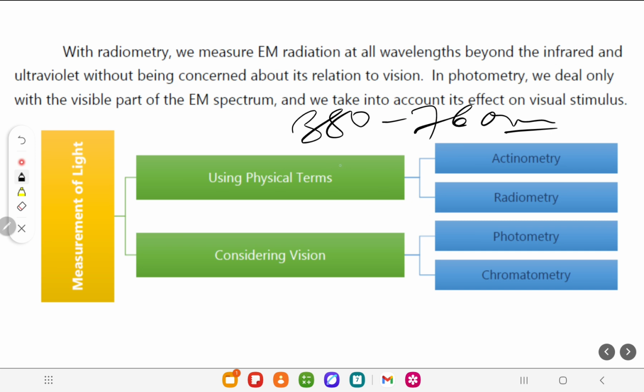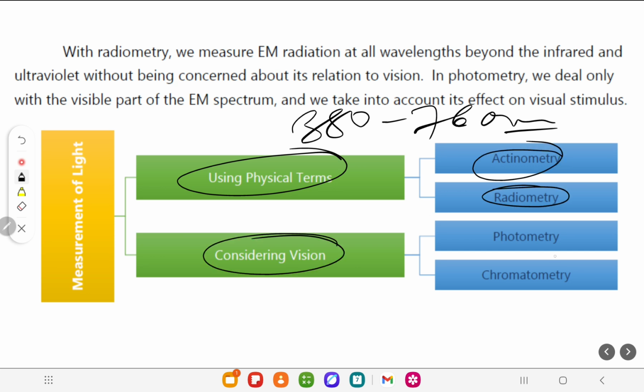So using physical terms, it is radiometry or actinometry, but when concerned with vision, we always talk about photometry and chromatometry. Chromatometry is basically the measurement of color, but that's not our concern. We only talk about radiometry and photometry, especially when talking about the visible part of the electromagnetic wavelength.